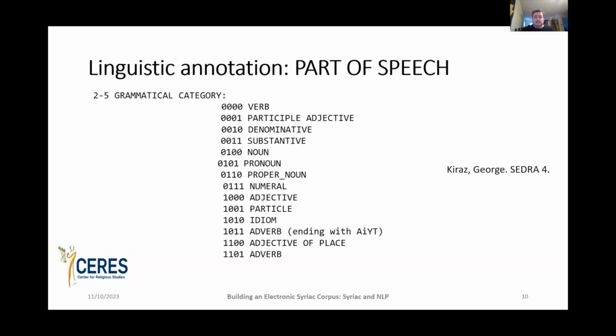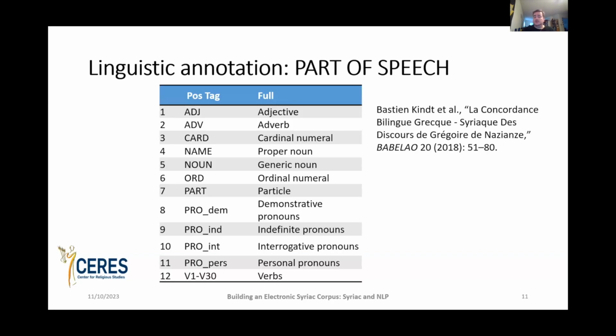There's been another attempt by the folks from the Grigori Project, who also used their very own system of identifying and assigning labels to words as part of speech. The most interesting part here is at number 12, where they did exactly what I described previously. So basically, they decided to assign morphological information on the binyan, on the derived stem, to this word class.